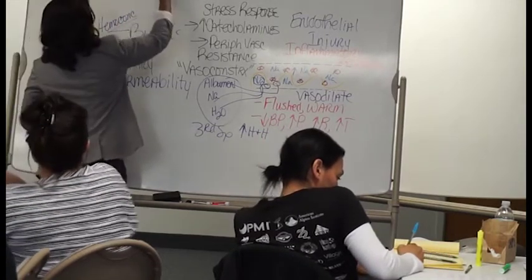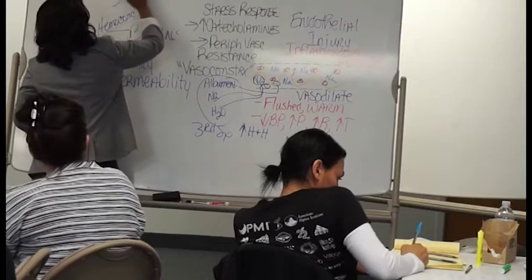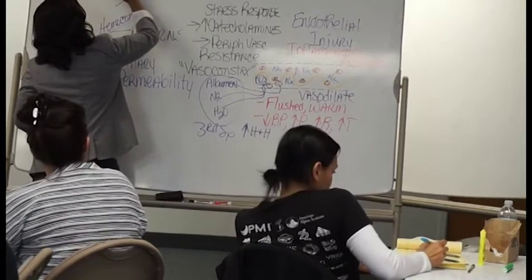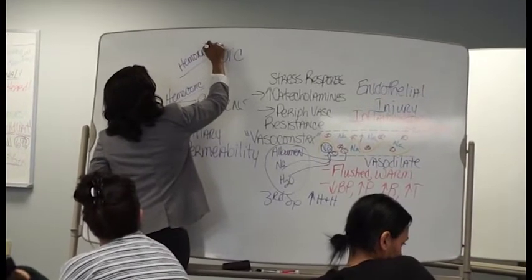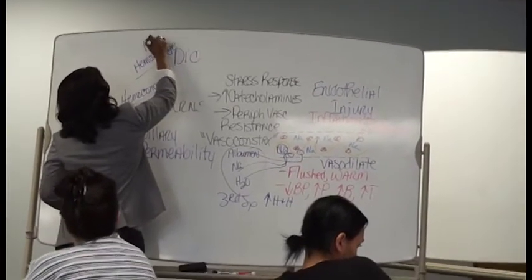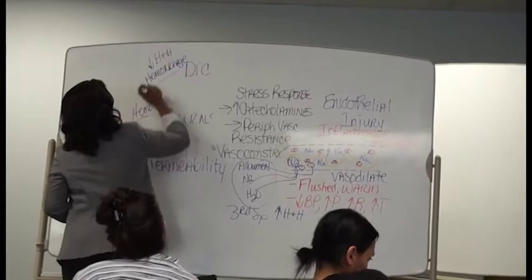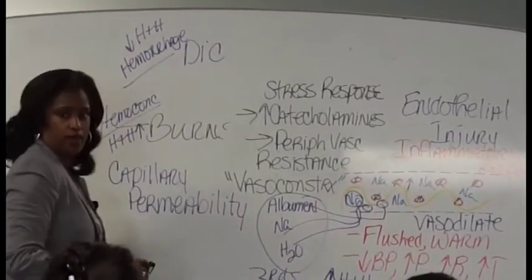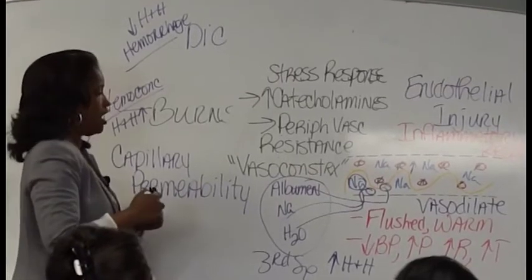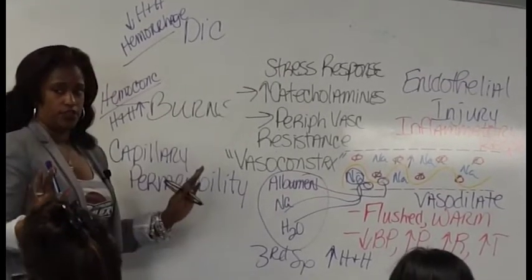With the DIC patient, because we're going to be bleeding, put hemorrhage. So you'll have a different issue. Your H and H are low. This H and H are high. Everybody agree? Okay. Stay with your girl.